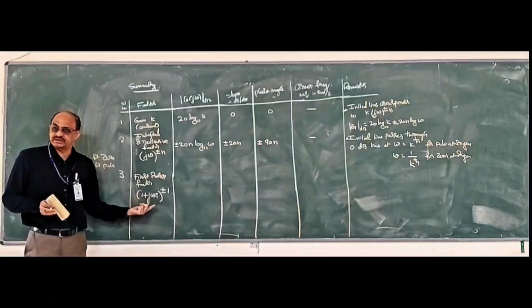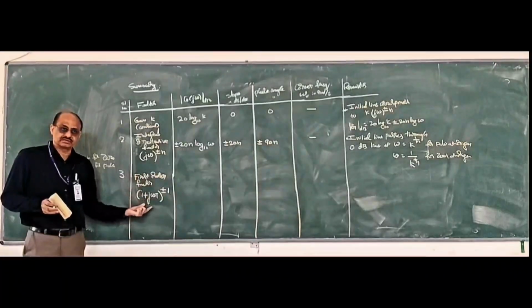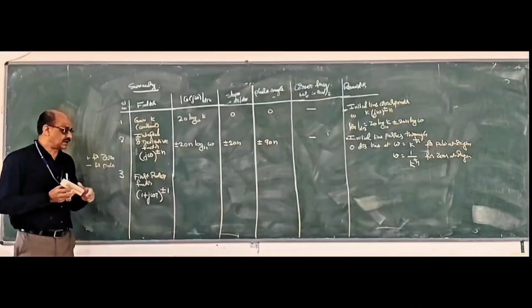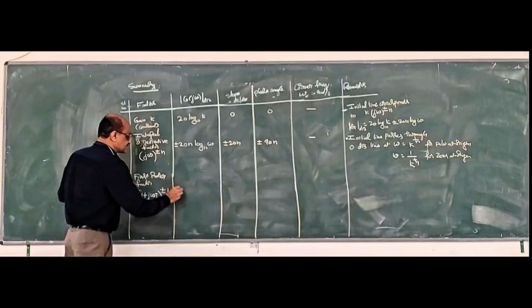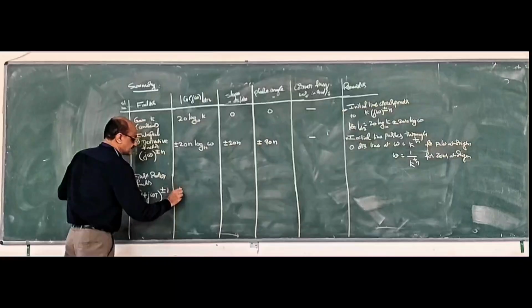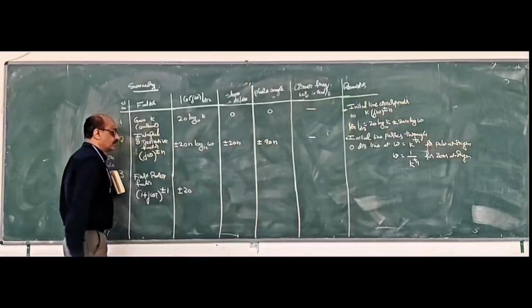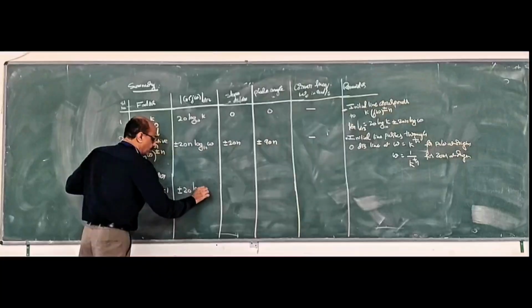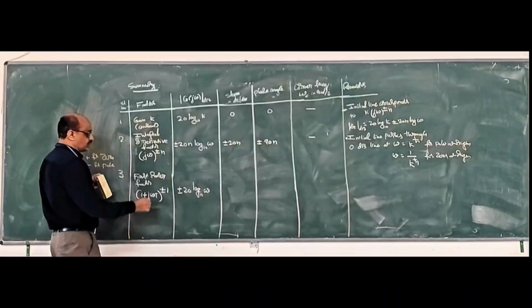So it should be in this Bode plot form first: 1 plus j omega t to the power plus or minus 1. So this is in the form of plus or minus 20 log omega. So one is the 0 dB line.